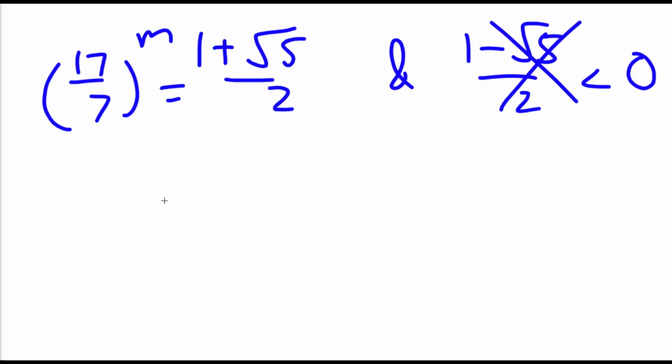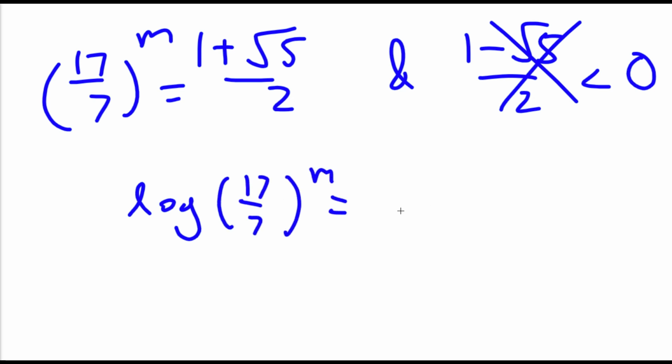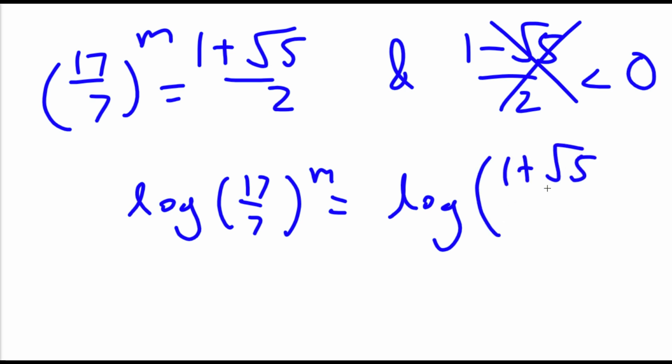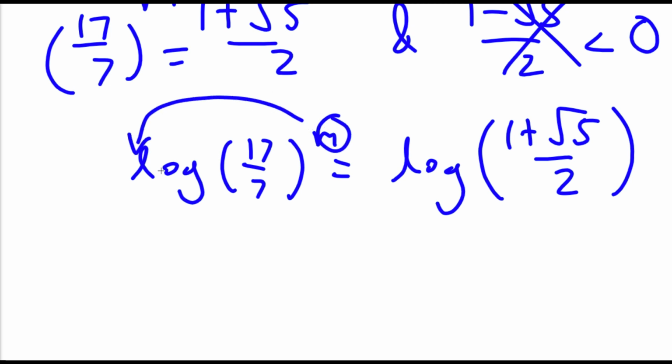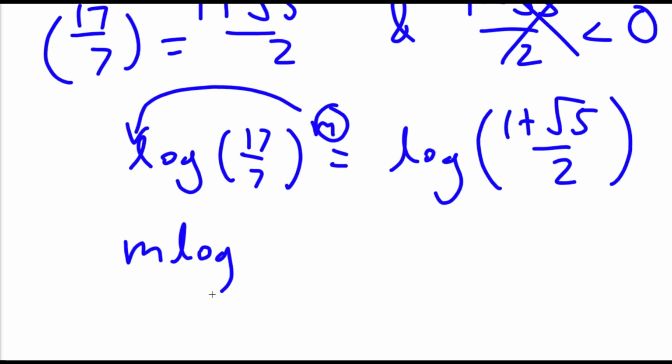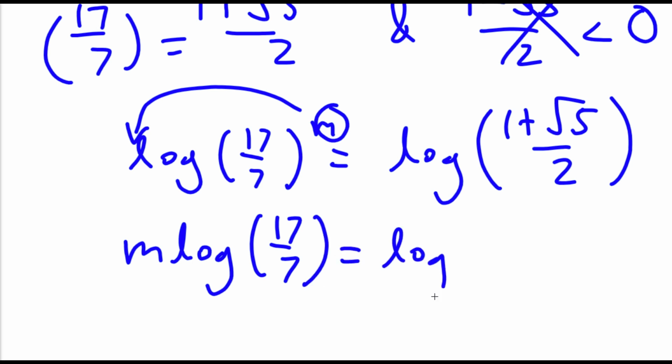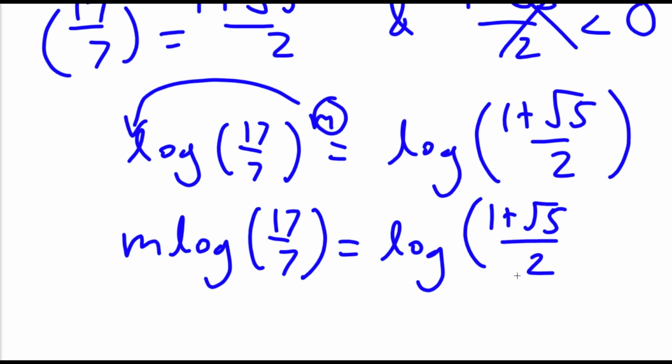So now if I take log on both sides, I get log of 17/7 to the power of m is equal to log of 1 plus the square root of 5 over 2. So now I can move the exponent to the front. So now I get m times log 17/7 is equal to log of 1 plus the square root of 5 over 2.